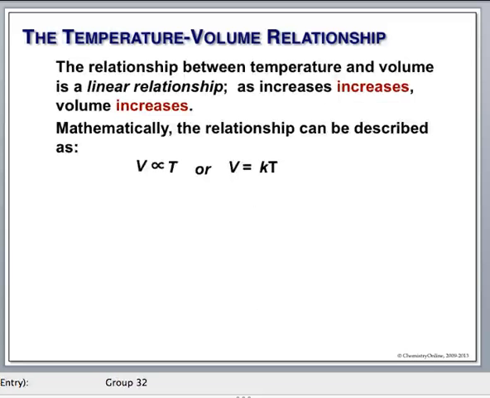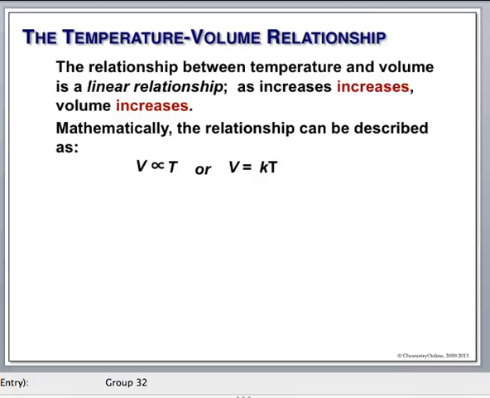When we warmed it back up, it became large again. That's a direct relationship. So we said mathematically that volume was going to be directly proportional to temperature. Higher the temperature, larger the volume.